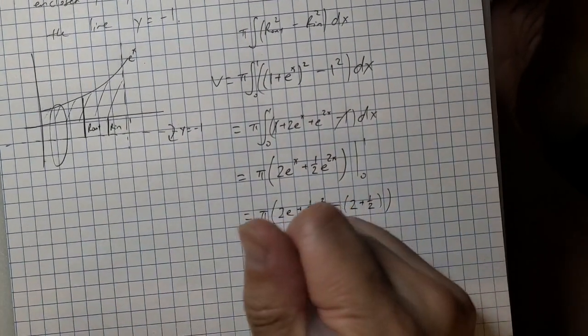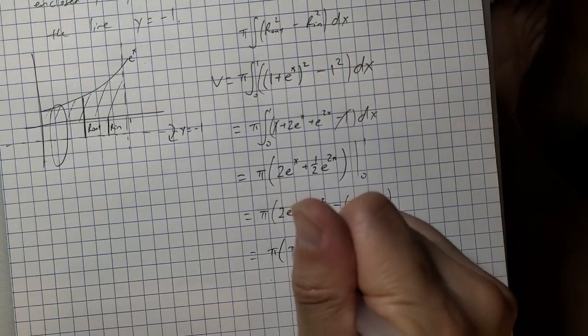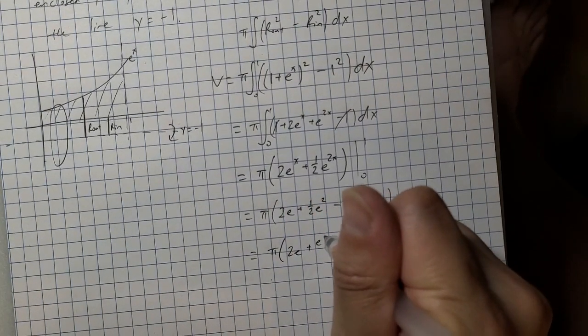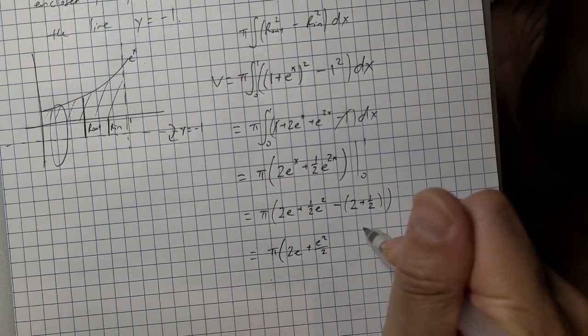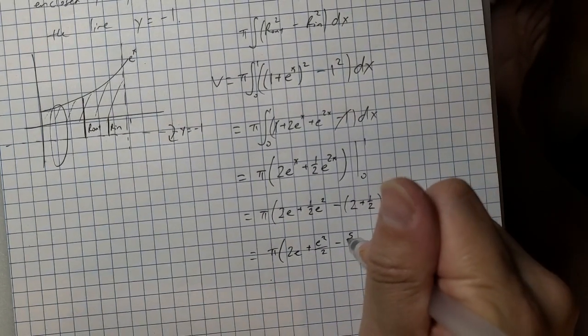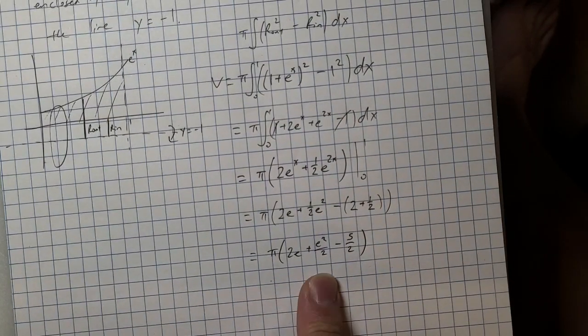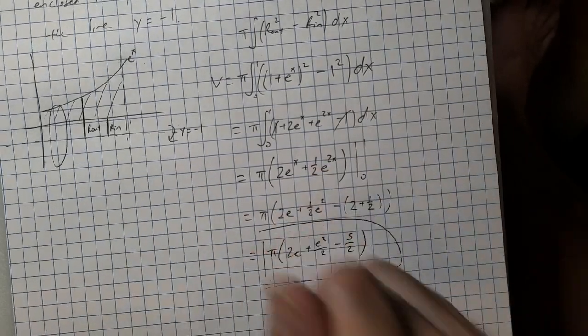So then this is just pi times 2e plus e squared over 2, minus what? Minus 5 halves. Yep, that's the answer. That matches the key.